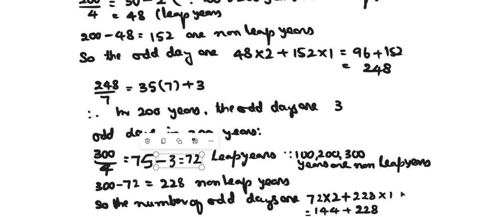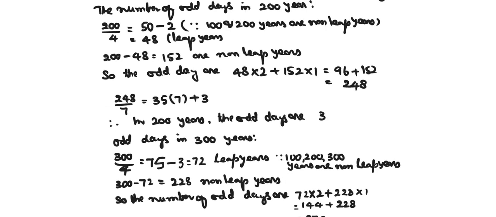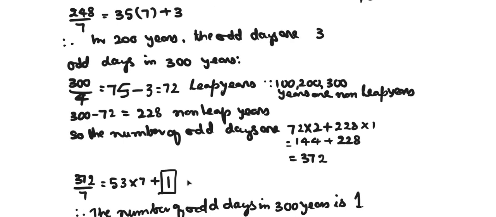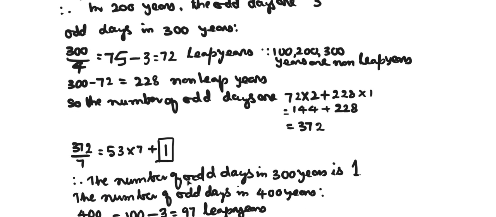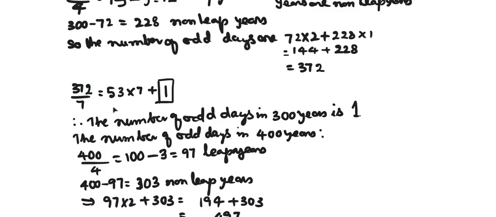So together we have 372 odd days. 372 divided by 7 will give you only 1 odd day, because in 372 days we have 53 complete weeks and 1 extra day. So in 300 years we have 1 odd day.